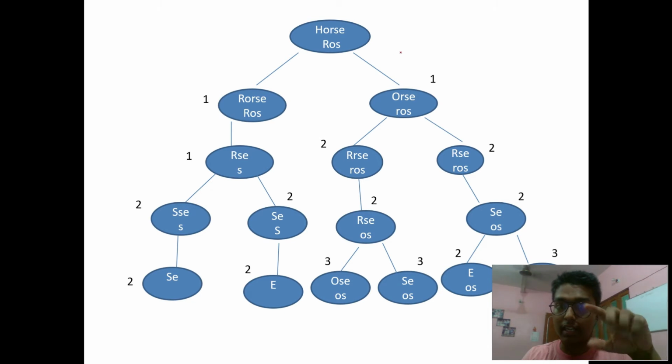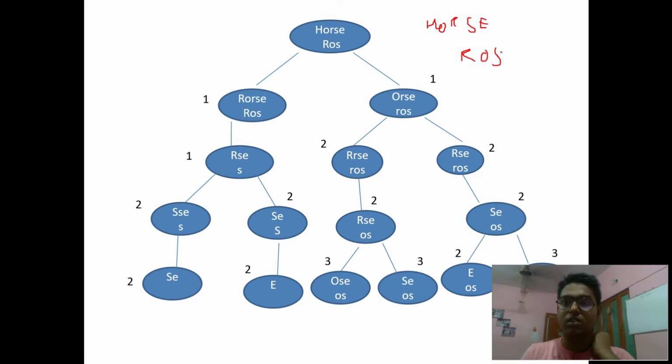As you can see, I have shown you the recursion tree. Now let us see how this recursion tree is working. We have the first string, horse, and the other string is ROS.